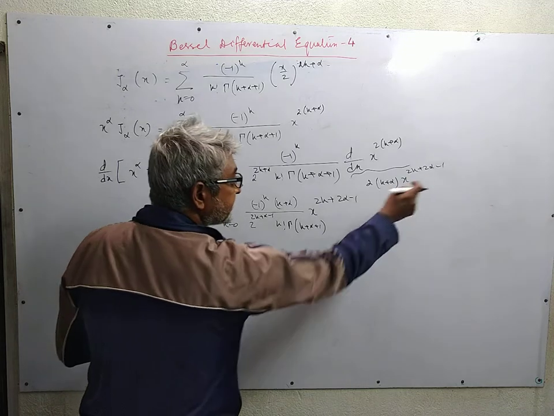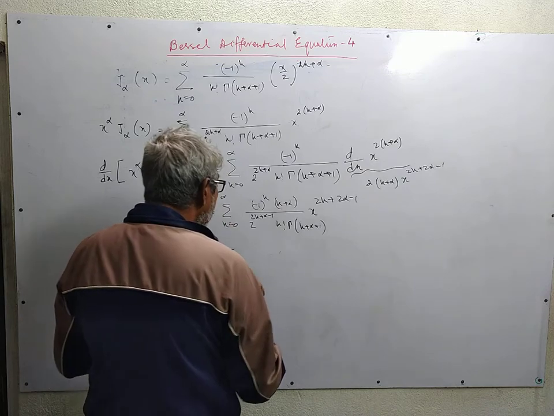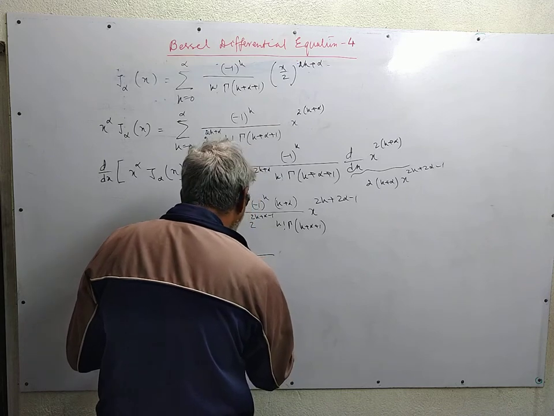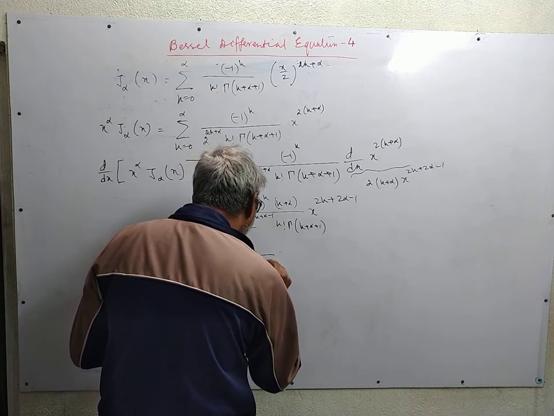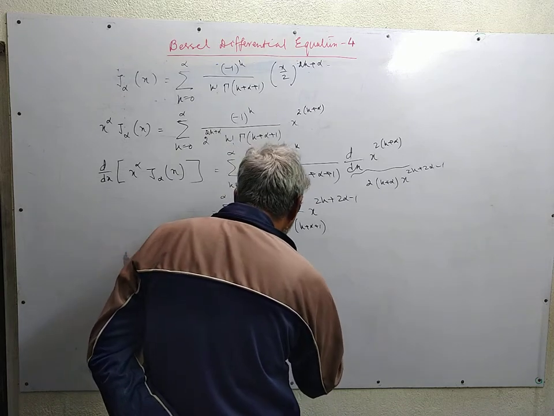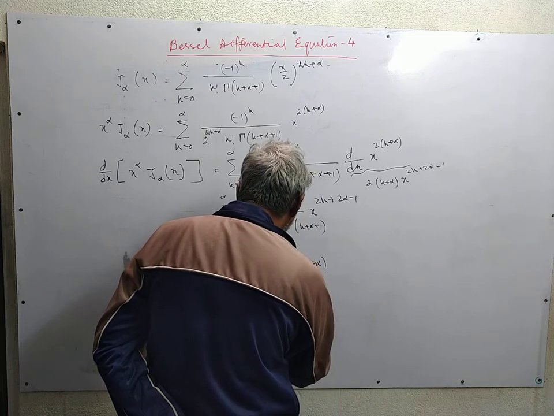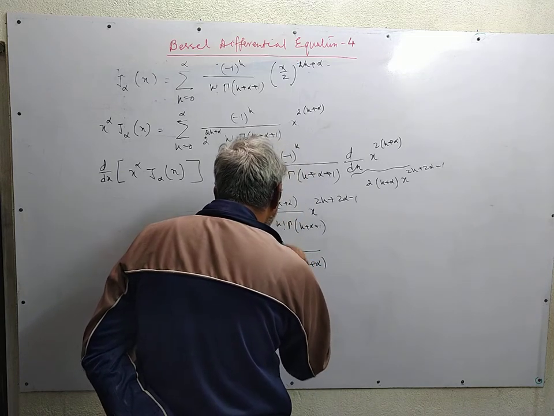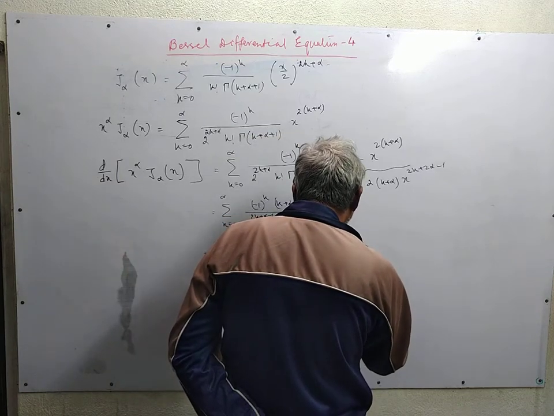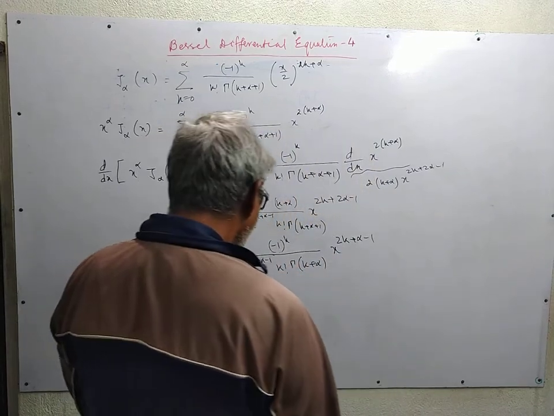If we do this adjustment, we get, and take one x to the power alpha outside. So we have 2 to the power 2k plus alpha minus 1, k factorial gamma of k plus alpha, minus 1 to the power k, and here we have x to the power 2k plus alpha minus 1.